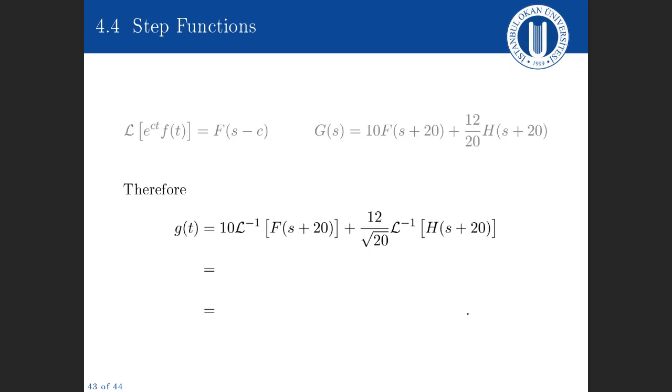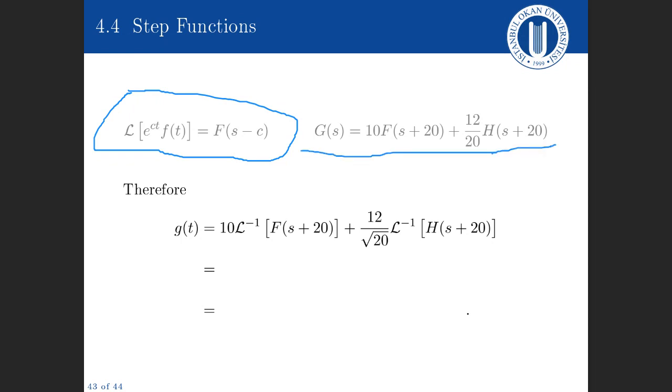So what do we have? We're going to be using this formula, which I'm putting in blue. Laplace transform of e to the power ct, small f of t, is capital F at s minus c. And we know that we've broken capital G up into 10 capital F plus 12 over root 20. There's a mistake here.